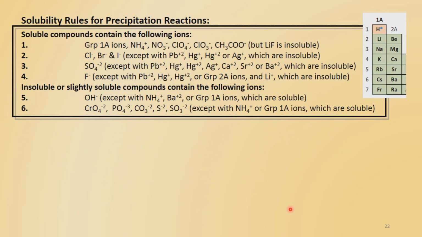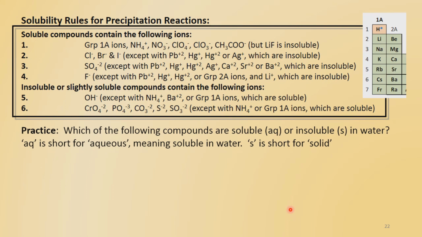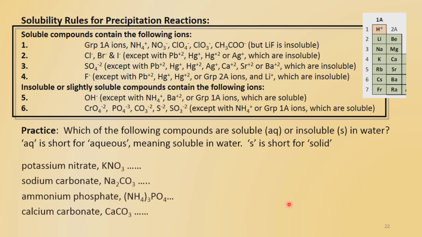Solubility rules for precipitation reactions. Let's get some practice. For each of the following compounds, I'd like you to predict whether they are soluble or insoluble. You can use the symbol AQ, meaning soluble, or S for insoluble or solid. First of all, potassium nitrate. We've just seen that all nitrates and all group 1A ions, of which potassium is a member, are soluble, so certainly potassium nitrate would be a soluble compound.